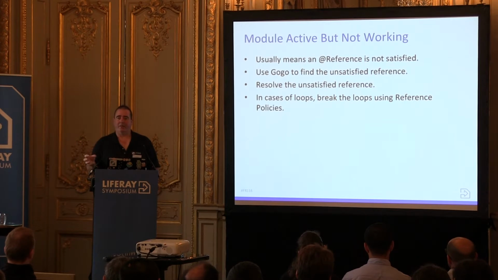So in order to break the loop, you have to mark one of the dependencies as optional through your @Reference annotation. That way OSGi can start it and later inject the service once it becomes available. So you break the circle, OSGi can start, and it will resolve the references.